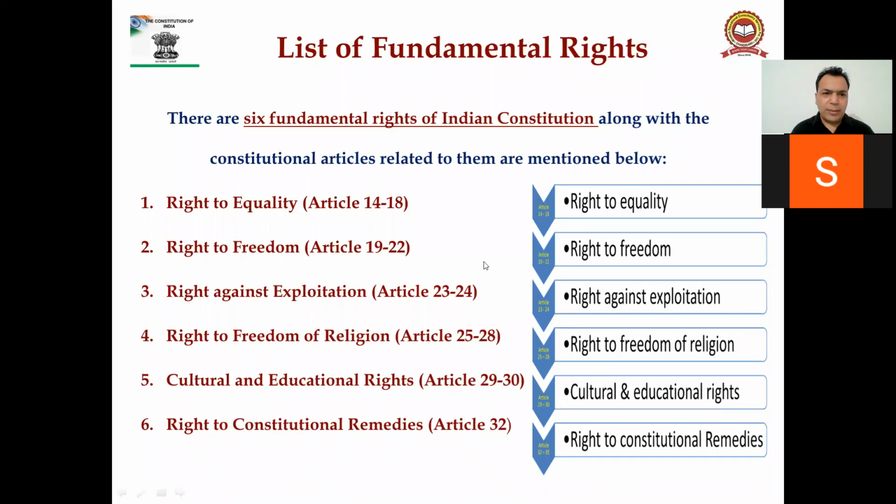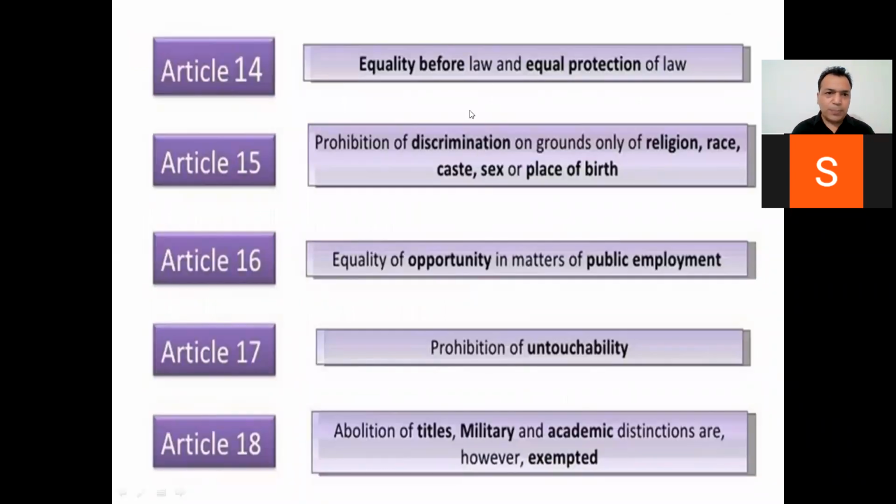Article 14 to 18 is the right to equality. Number one, right to equality, Article 14 to 18. I have described it here. Article 14 talks about equality before law and equal protection of law. Article 15 talks about prohibition of discrimination on grounds only of religion, race, caste, sex, or place of birth.